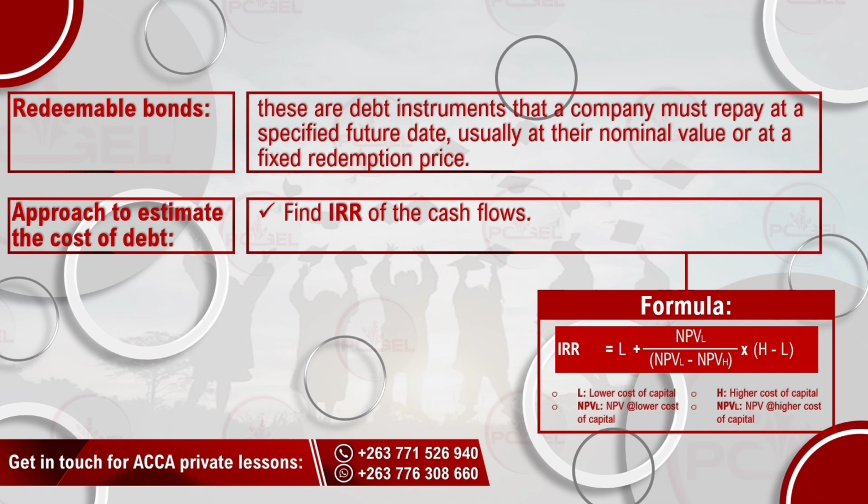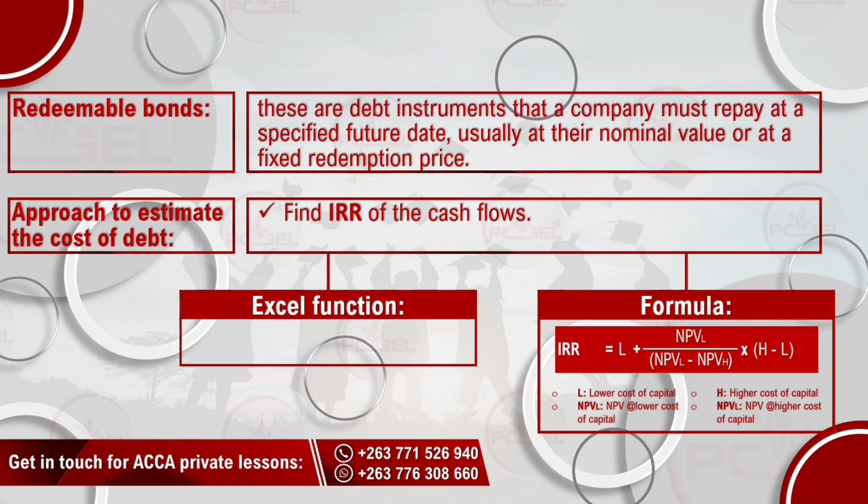The internal rate of return is also available as a spreadsheet formula in the computer-based exam. So to find the internal rate of return, the simpler way in an Excel spreadsheet provided in your exam is to insert in any blank cell the formula equals IRR, open brackets, put the range of cash flows, comma, then put a rate close to the result of the IRR as a decimal, then close brackets.